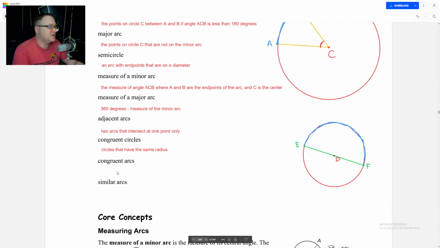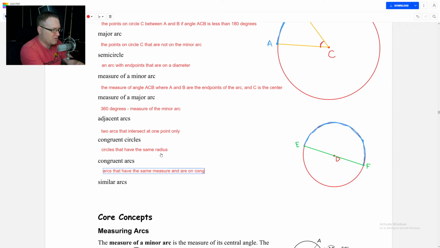Next, congruent arcs. What are congruent arcs? Congruent arcs are arcs that have the same measure and are on congruent circles.